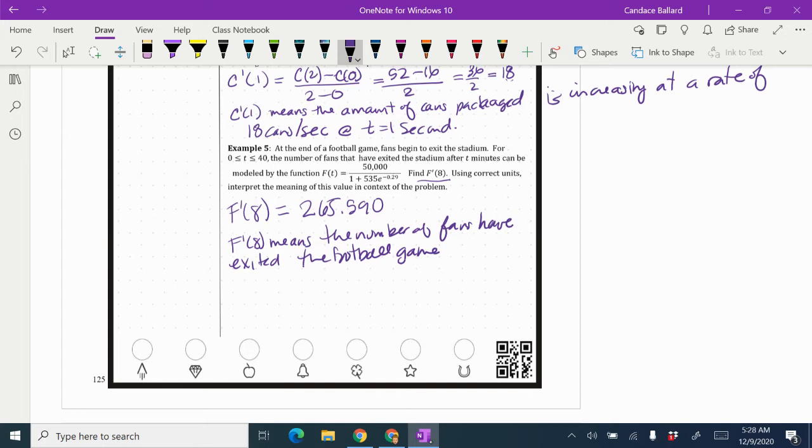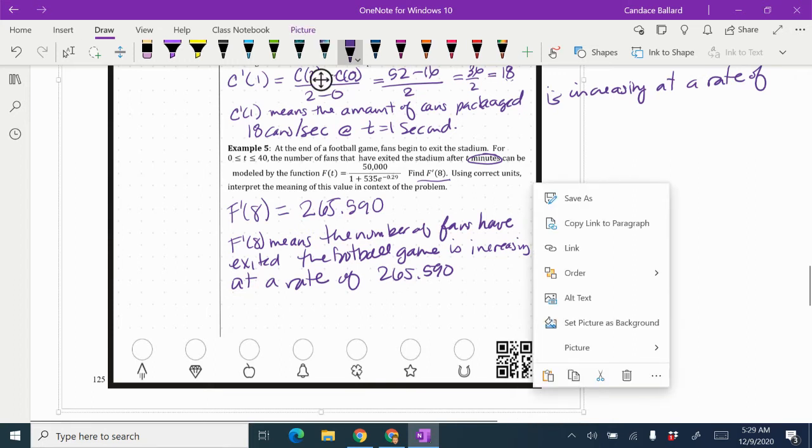And we want to know that it is increasing, because it's positive, is increasing at, we know the derivative is a rate of, and then to give me the number 265.590, and then the units would be, the minutes is the x value, and then we know that the function is representing the number of fans, right?